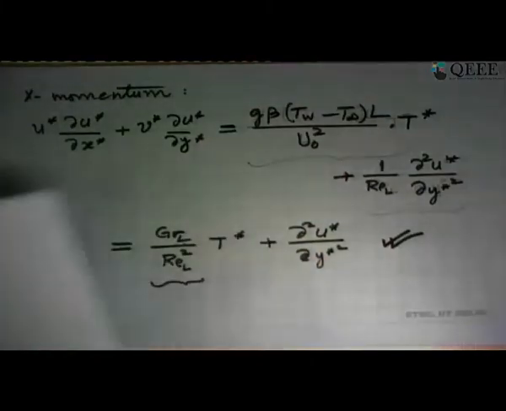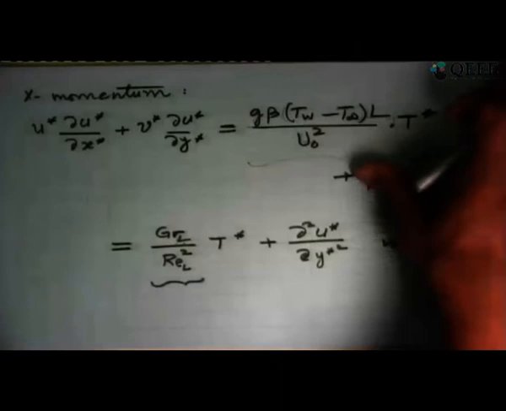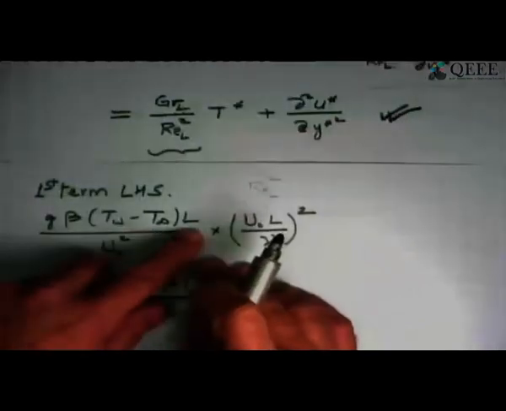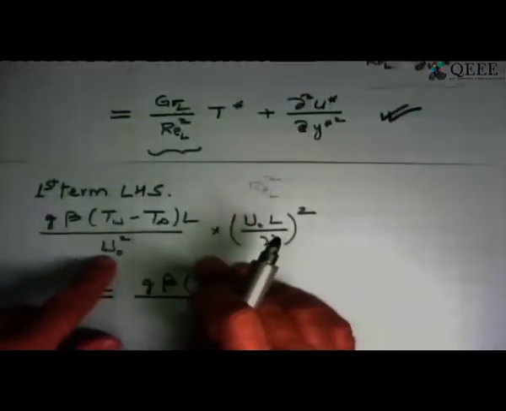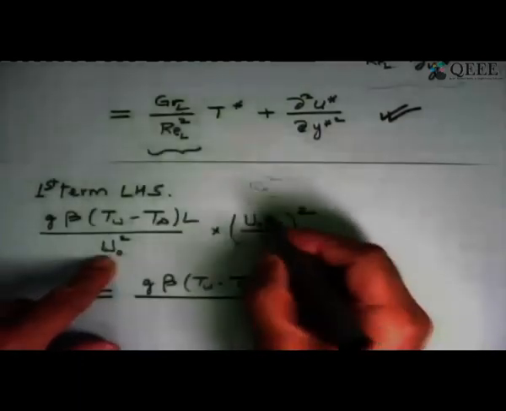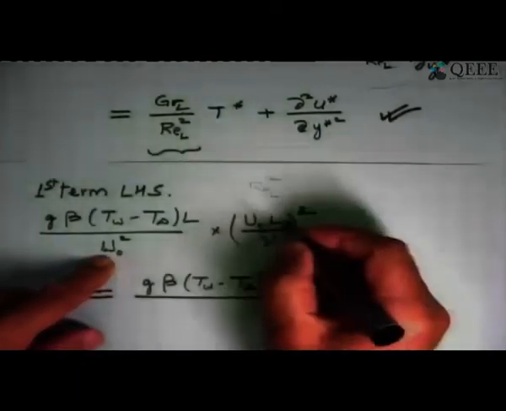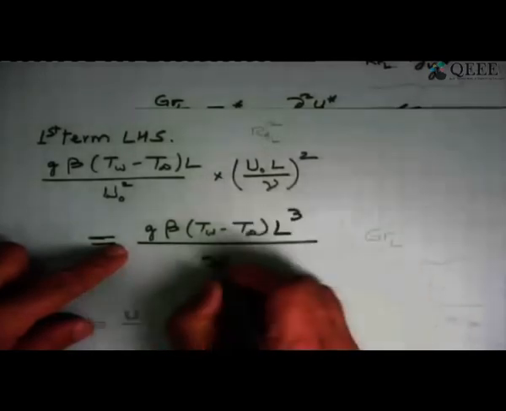Which requires us to go and say that we have now defined a new non-dimensional number: on this side, g beta (Tw minus T infinity) L upon u0 square was that, divided by REL square, this is (u0 L upon nu) whole thing square, and this becomes g beta (Tw minus T infinity) L cube upon nu square.